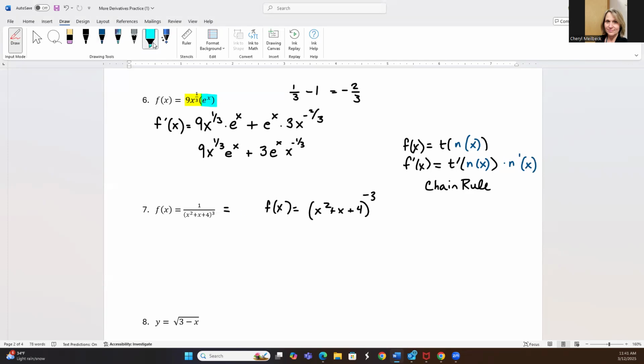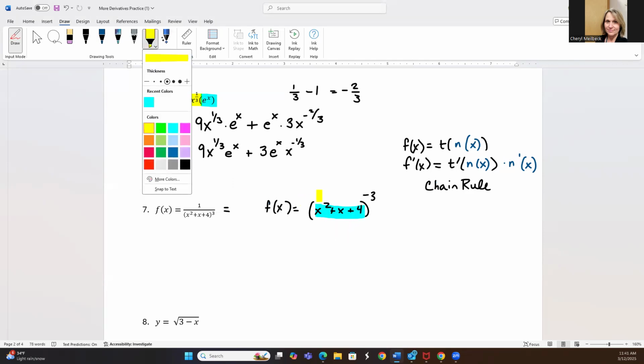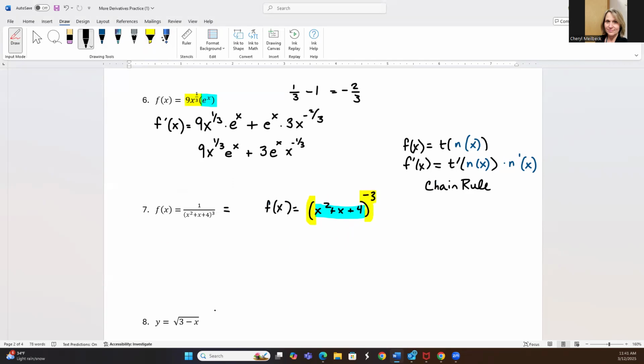As we define that in the problem we see here, the x squared plus x plus 4 is the inside function, and the outside function is using the power rule, taking it to the negative 3 power.